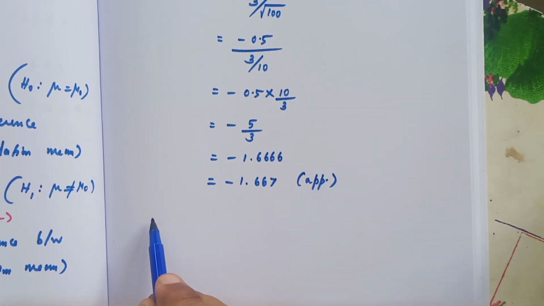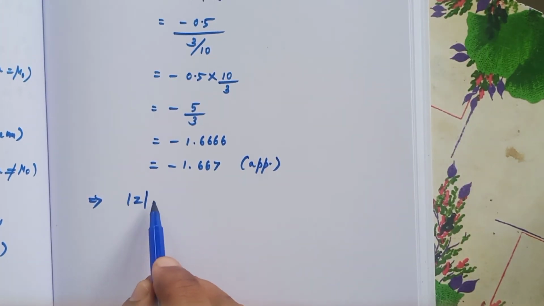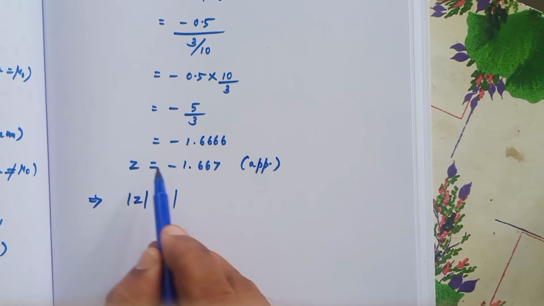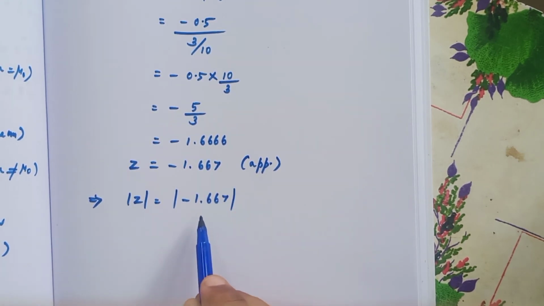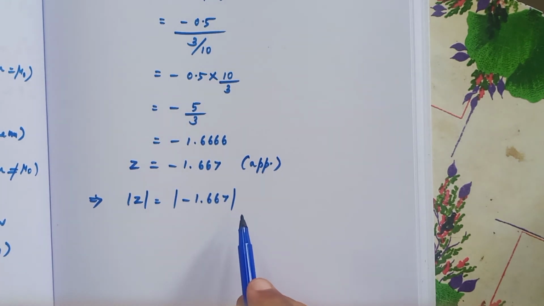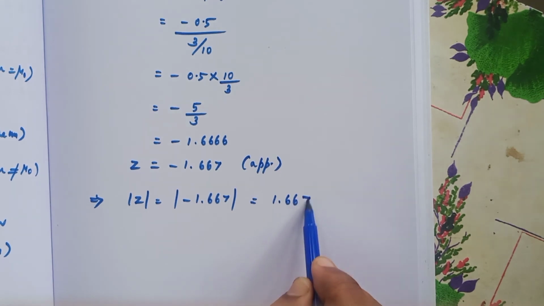Then you have to find the modulus of the Z value, modulus of minus 1.667. Modulus is an absolute value, it cannot be negative, so minus becomes plus, only 1.667.